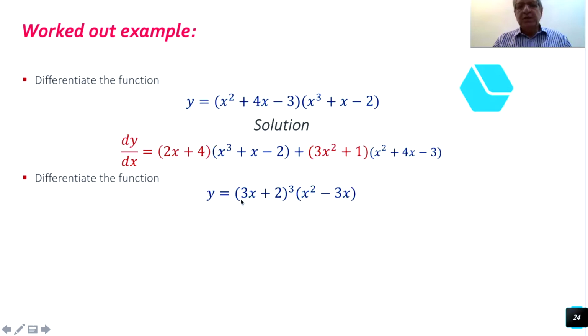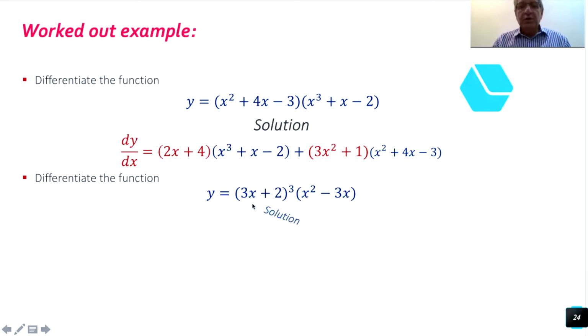Now this is (3x plus 2) to the power of 3 times (x squared minus 3x). Remember that there is a power 3 here, so you need to remember the chain rule also. When you differentiate the first function, 3 comes down, reduce 1 from the power, and then multiply by the derivative of the inside.